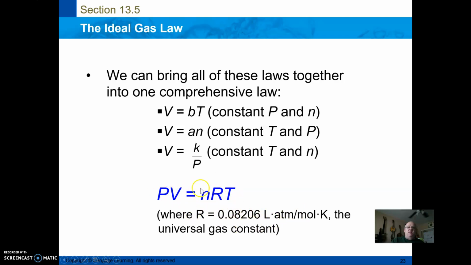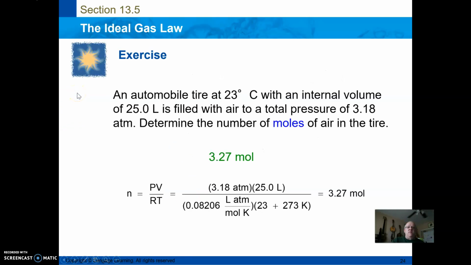That's what lets you deal with the variations of volume, temperature, number of molecules or moles, and pressure. So, the ideal gas law. We went through and practiced, and this stuff wasn't hard once you get the hang of it.